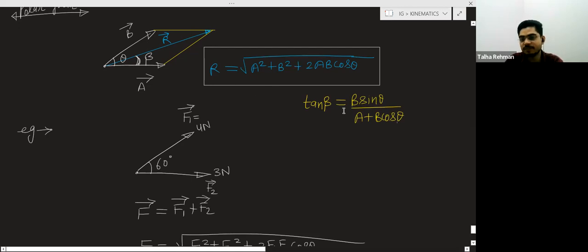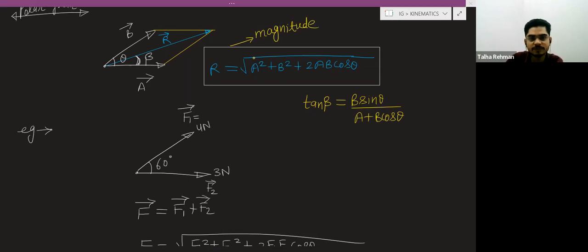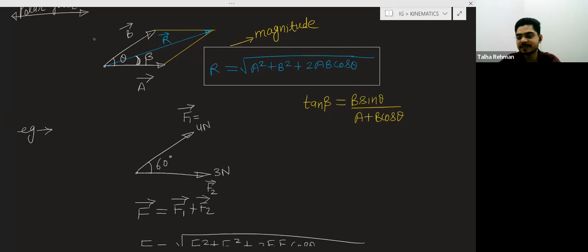This angle beta represents the direction of the resultant vector. So magnitude we will get from the earlier formula, and direction we will get from this formula, because beta is an angle. Suppose this is the initial angle, now angle change means direction change. So this beta is representing the direction.